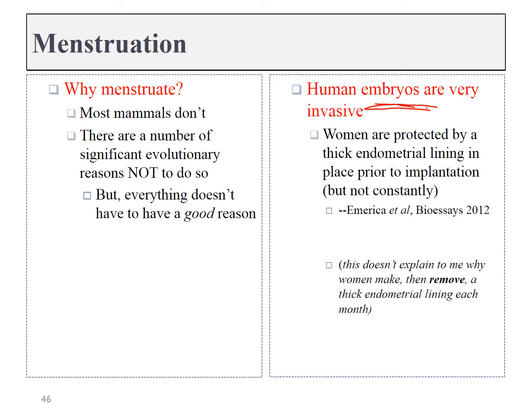I'm talking about both embryos and parasites, like a fluke or a tapeworm. So it's very important for the uterus to have this thick endometrial lining so that as the tiny little parasite, the embryo, starts digesting its way through the endometrium, it doesn't actually reach any of the more delicate tissues like the muscle tissue underneath.